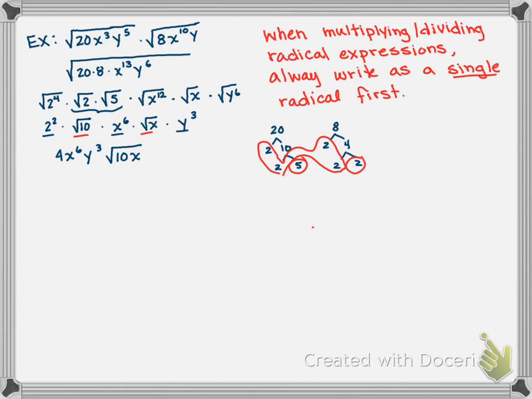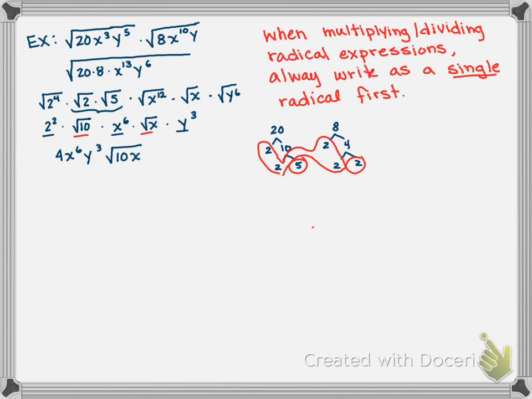We can use the same idea with division, and it's actually even more useful to put it into a single radical because we can simplify our fraction, which then gives us smaller numbers and fewer factors to work with.